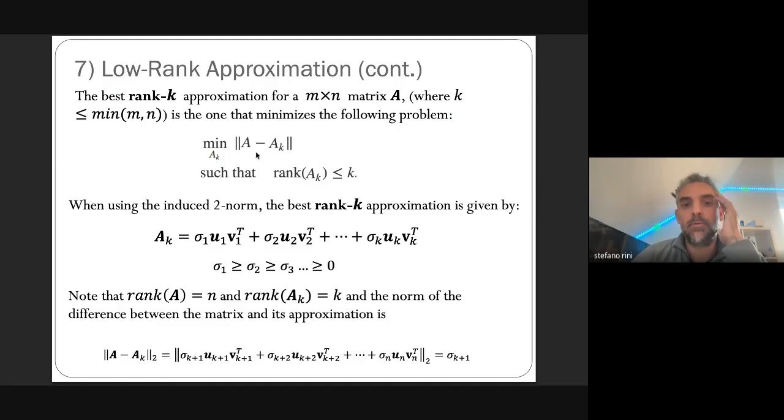If we set up the problem in which we minimize the error of A minus A_K over the choice of A_K, such that the rank of A_K is less than or equal to K, then the solution is to take the SVD and just retain the first K largest singular values. That's it. Then the rank will become equal to K because these components are all orthogonal.